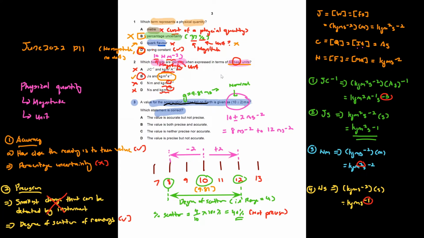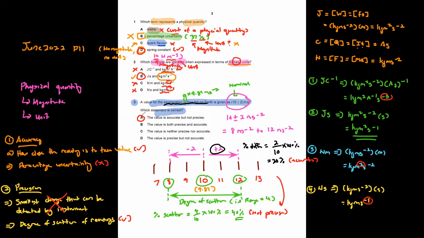So in my case, I will take the maximum difference that my value can end up with from my true value. I can find the percentage difference here as 2 over the nominal value times 100%, to get it in percentage form. This one is 20%. Okay. Now this one, relatively speaking, compared to this one, is considered accurate. The answer here is that the value is accurate but not precise. That is the answer for question 3 here.